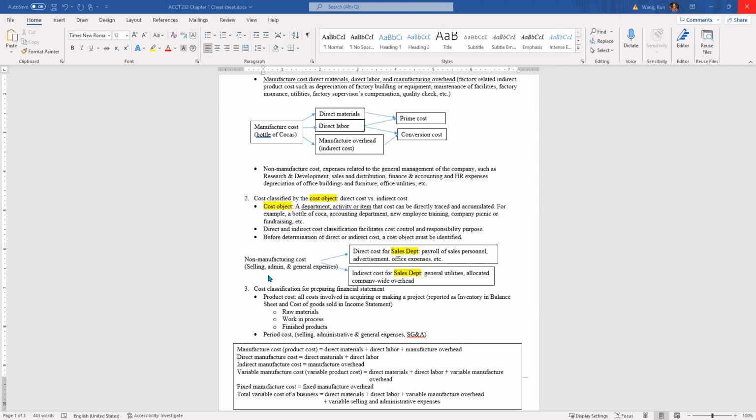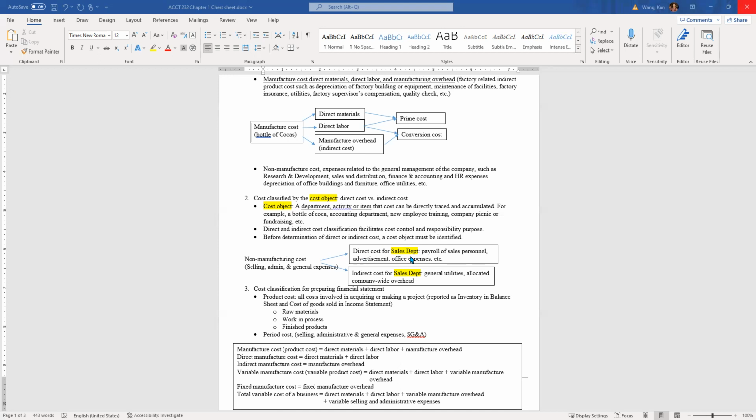And in the non-manufacturing cost, such as in the marketing, admin, and general expenses areas, you can define many different types of cost objects. If we define a sales department as a cost object, so my cost object for responsibility is the sales department. Now we can check what are the examples of the direct cost for the marketing or sales department.